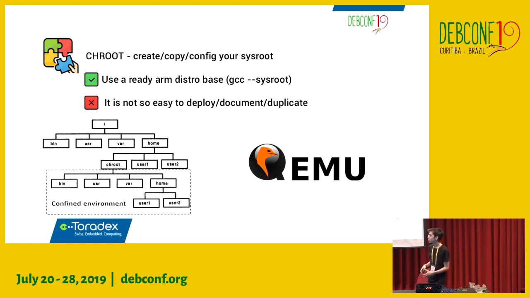The people who work with Raspberry Pi use this a lot because it's very easy. We have the whole system running on an SD card, so we can take the SD card, put it in your computer, and chroot to the root file system of the SD card. So it's an easy way to do it, right?